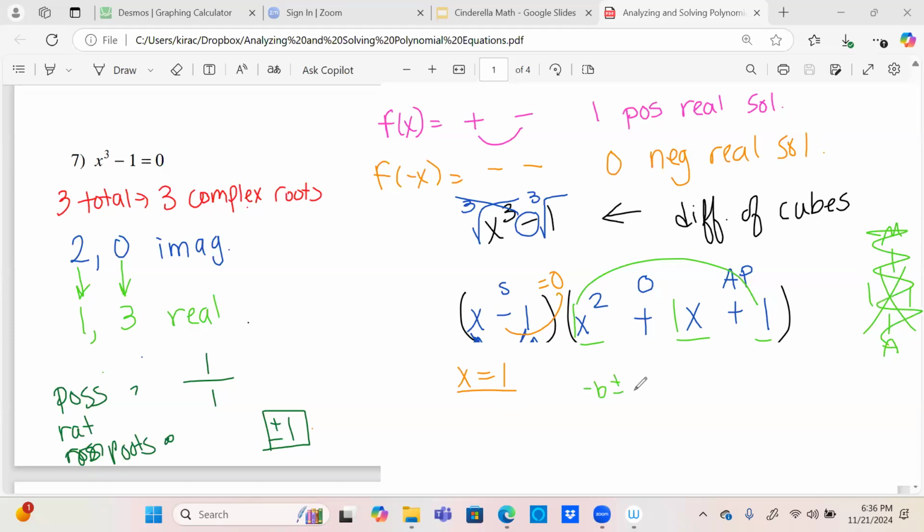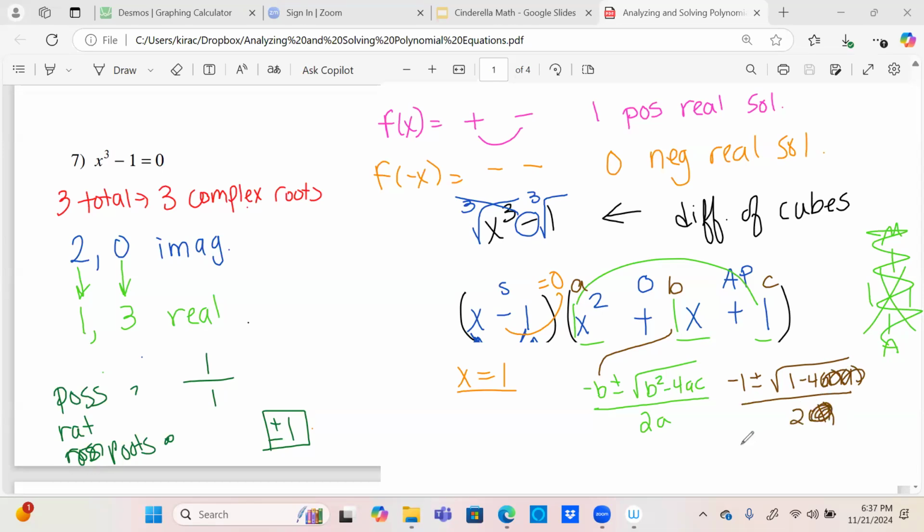Negative b plus or minus the square root of b squared minus 4ac, all over 2a on the bottom. So all our a, b, and c are 1. That actually makes it pretty easy. I mean, not that it's easy, but you know what I mean. So this would be negative 1. This is our a, this is our b, this is our c. Plus or minus 1 squared is 1 minus 4 times 1 times 1, all over 2 times 1.